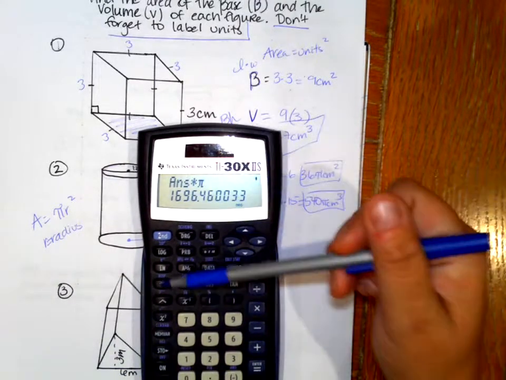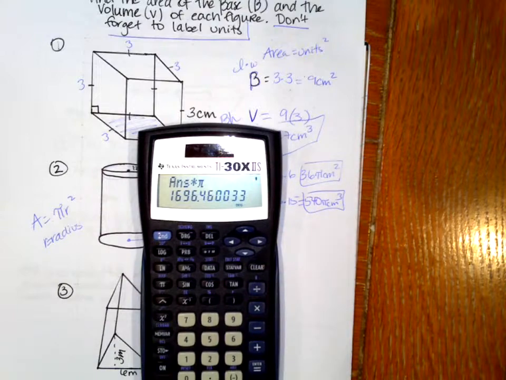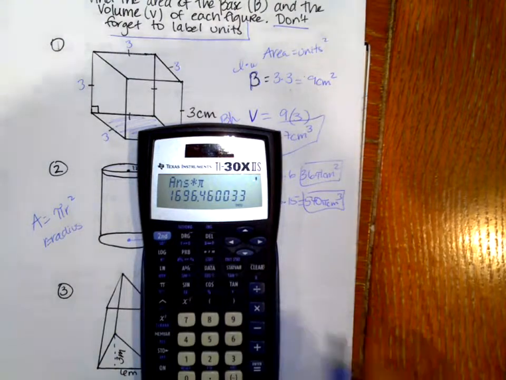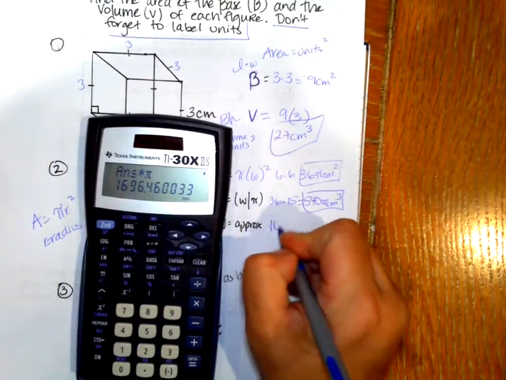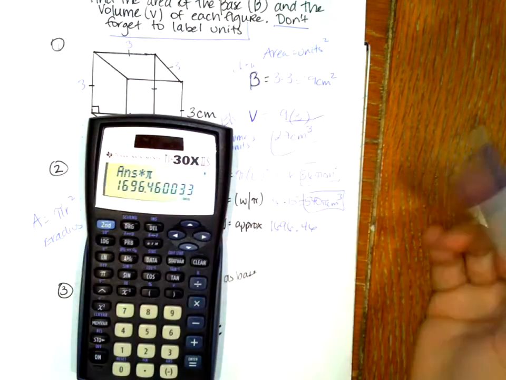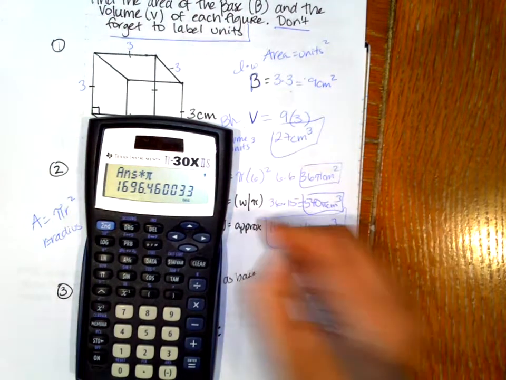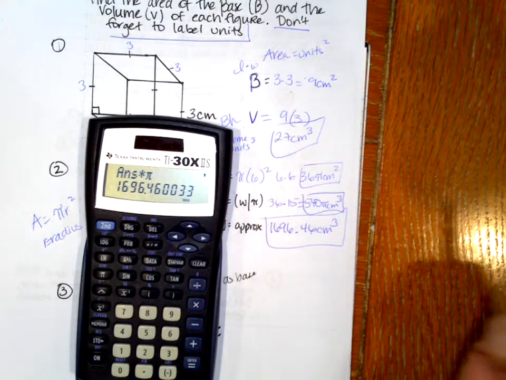You want to use the pi button because pi is an infinite number, so we want the closest approximation we can get. And for this one, you'll see that it is 1696.46, and that is going to be centimeters cubed as well. All right, so again, calculators make this a lot easier.